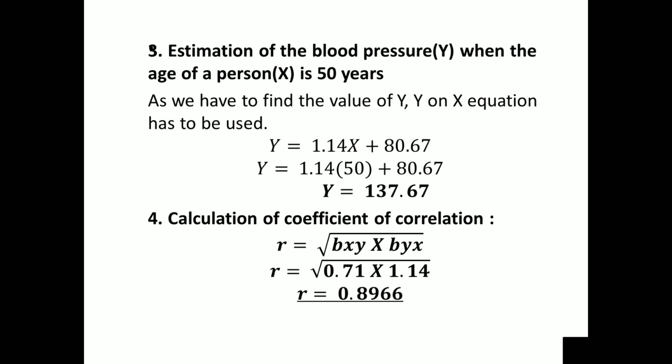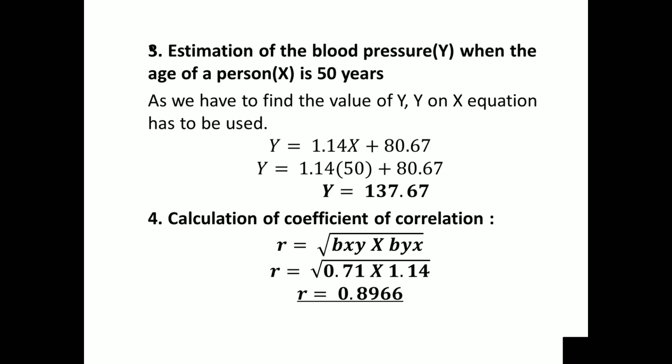The y on x equation here is y equals 1.14 x plus 80.67. When we substitute the age of the person, that is x value is 50, then the y value will be 137.67. So this is the blood pressure of the person who is aged 50 years.